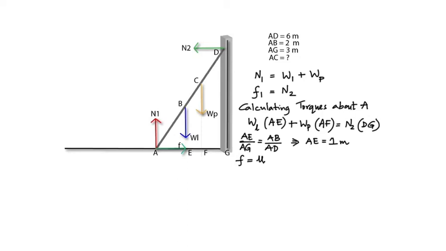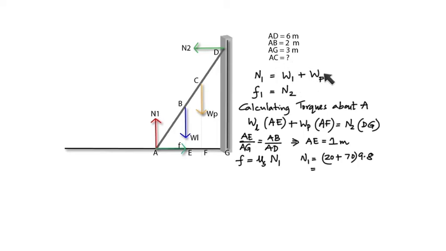And then friction is mu times N. Friction is the product of coefficient of friction and the normal reaction. And from there, we also know that N1 is 20 plus 70 times 9.8, because we have N1 as WL plus WP. Those are in kilograms.